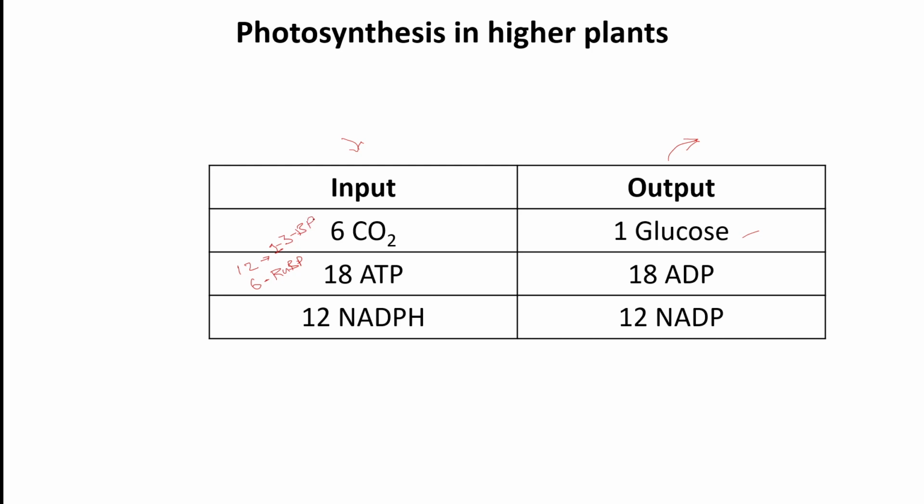So in total 18 ATP are used. Here 18 ADP are produced, and 12 NADPH were used for the synthesis of 3-phosphoglyceraldehyde, and 12 NADP are produced as a product. So this is the output of the C3 cycle.